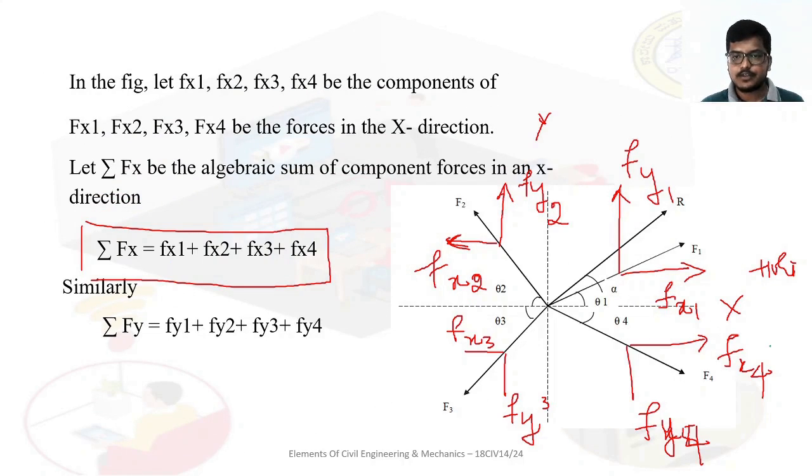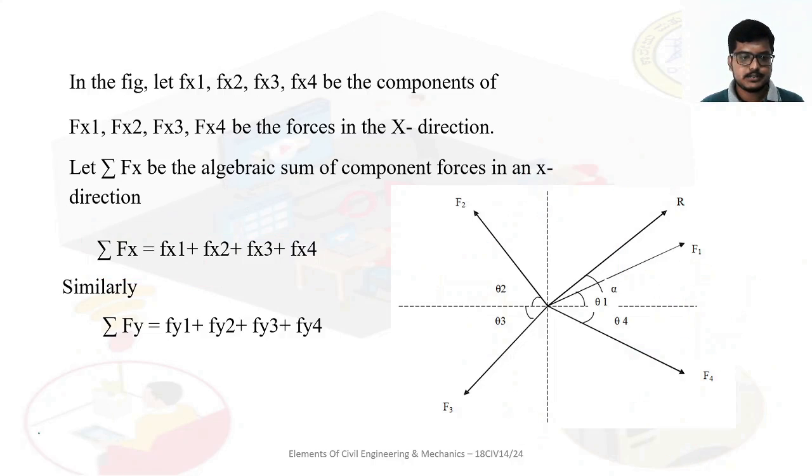Okay, here see Fx1, I can take it as positive, the value is positive. Then for Fx2, the x value is negative. I have to take the negative value of x. Fx1 is positive, so I take the positive value of Fx1 plus the Fx2 value, which is negative.